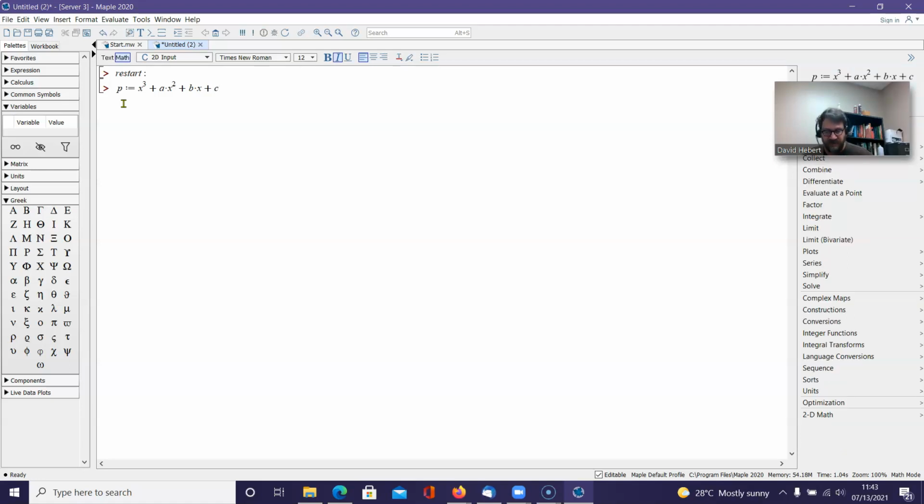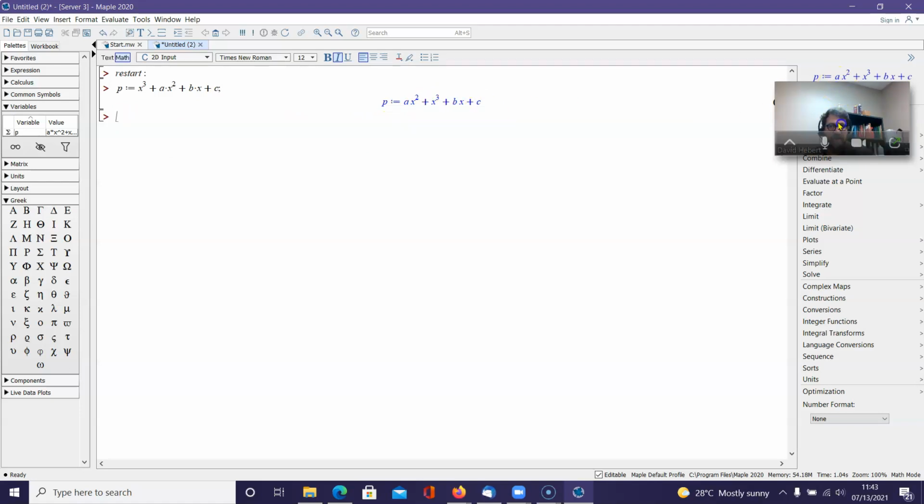I'm going to show you what happens when I hit enter. The computer is saying, okay, P has taken on this meaning. So if I now put P in a command or something, it substitutes this in for it.